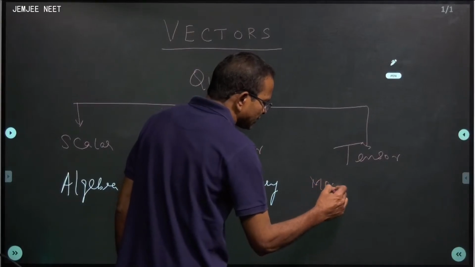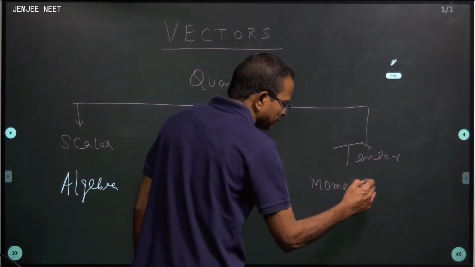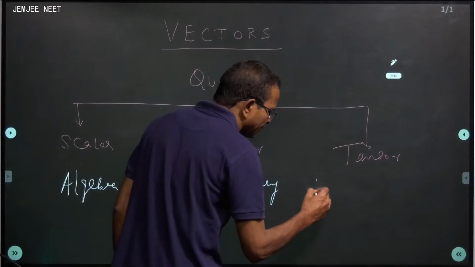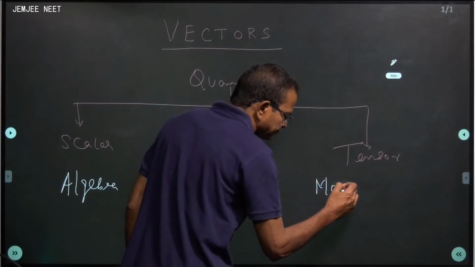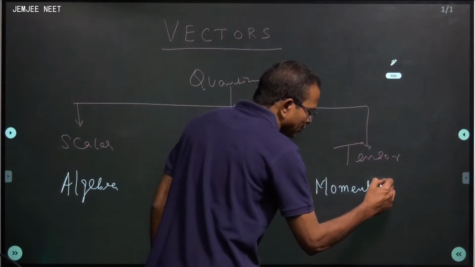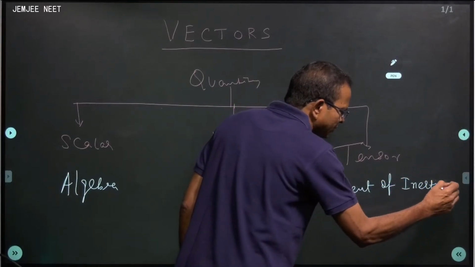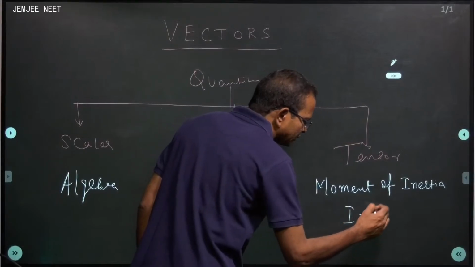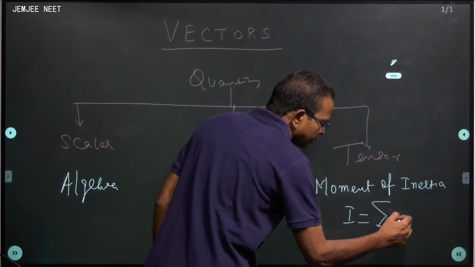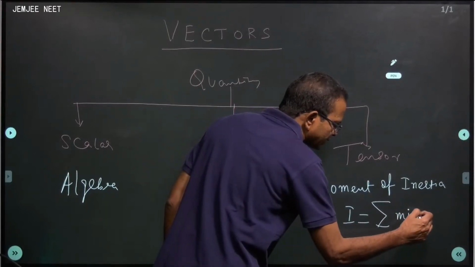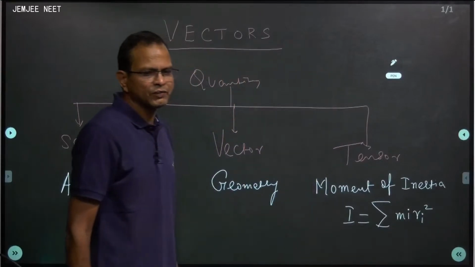Have you come across something called moment of inertia? Yes, Kanna? Yes, sir, first law of Newton. No. Come on, what's moment of inertia? I is equal to summation m_i r_i squared of a rigid body.